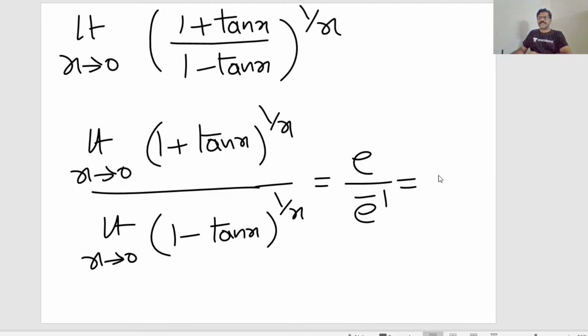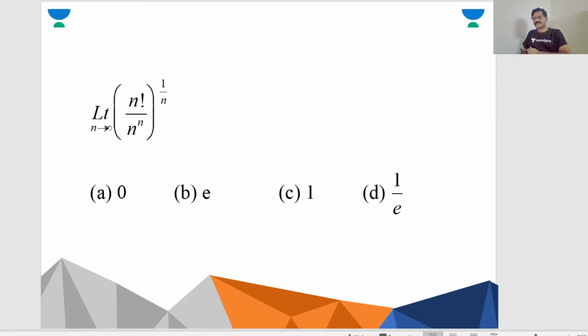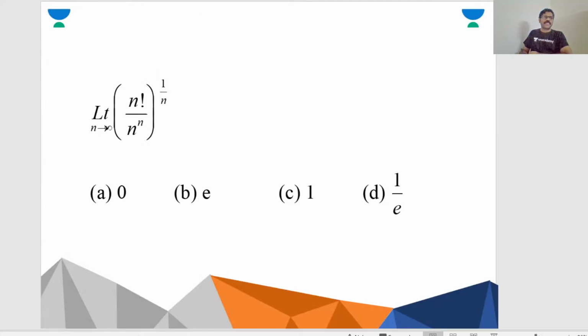So e by e power minus 1, that is e square. Correct answer is e square. Next problem.